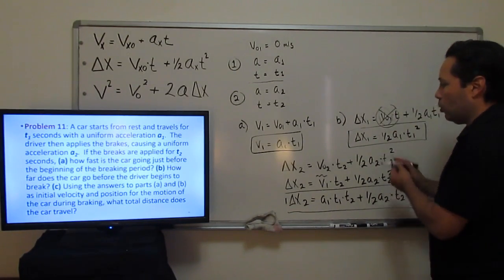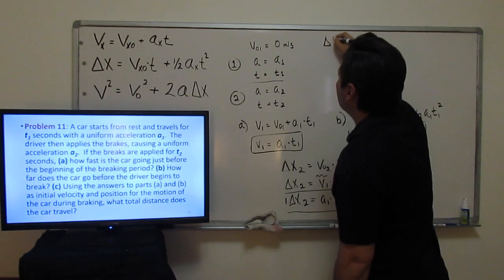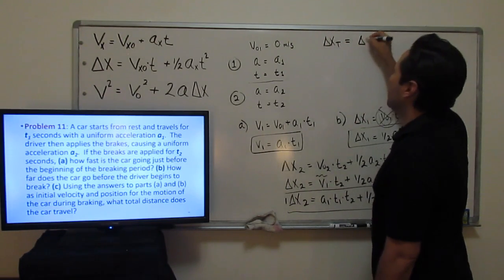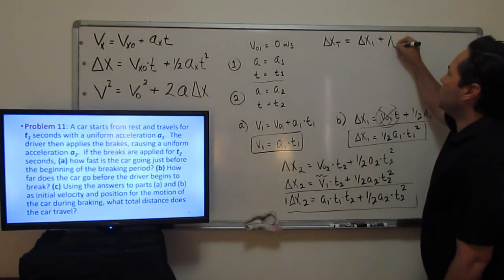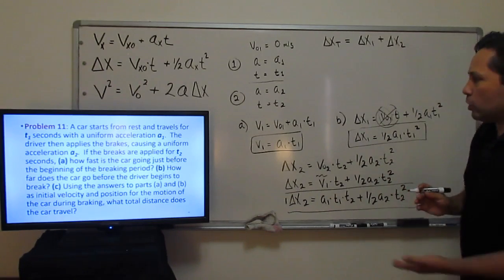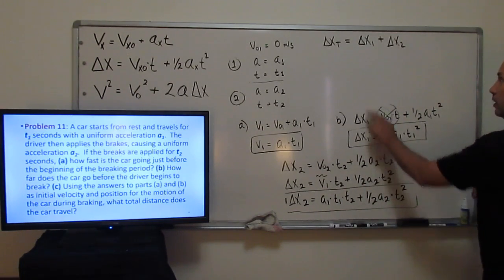So I'm going to get the total. Alright, so the total displacement would just be from the first part plus the second part, right? So we're gonna write the first one right here. That's x1.